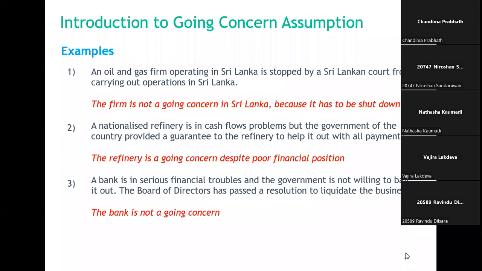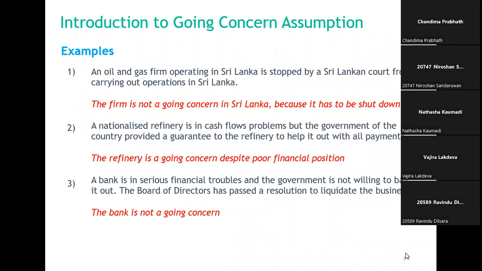That basis may be the liquidation basis or breakup basis, whereby non-current assets will be classified as current at their realizable values.